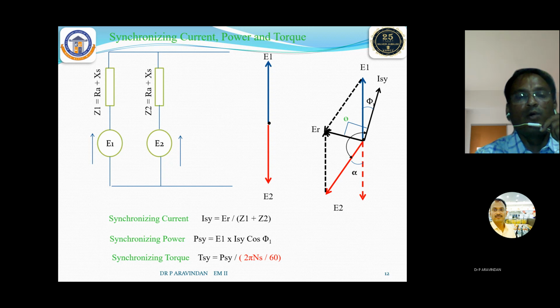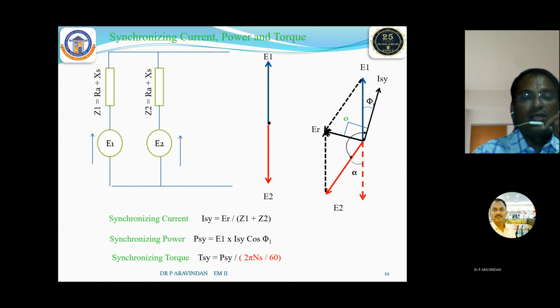So once there is a voltage difference between E1 and E2, the resultant voltage ER should be there. That ER is the vector difference of E2 and E1. With ER at 90 degrees with theta, then ISY should be there. Between ISY and ER we have a power factor angle phi.